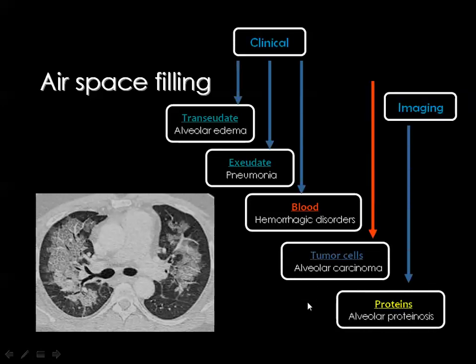By proteins, you get alveolar proteinosis. As you can see here, these three are diagnosed mainly by the clinical findings, and this one is problematic for the diagnosis. Alveolar proteinosis can be diagnosed easily from imaging.